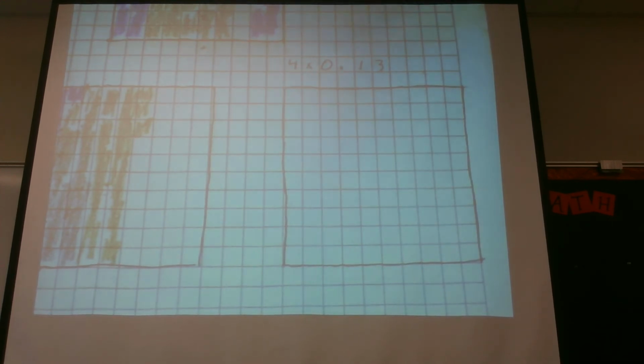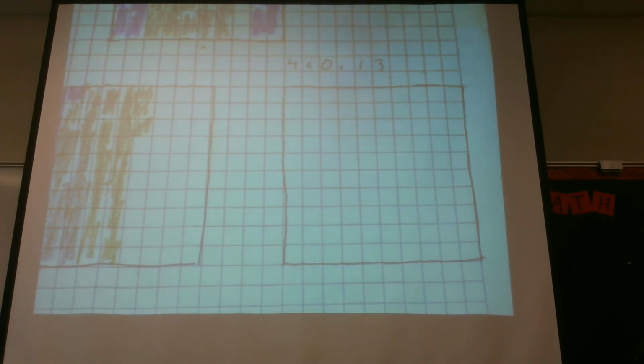So this one has 4 groups of 13 hundredths. I know each row is 10 hundredths, plus 3 more is 13 hundredths. This is 7 hundredths. That makes it 10 hundredths. 11, 12, 13. That's my 2 groups of 13 hundredths.